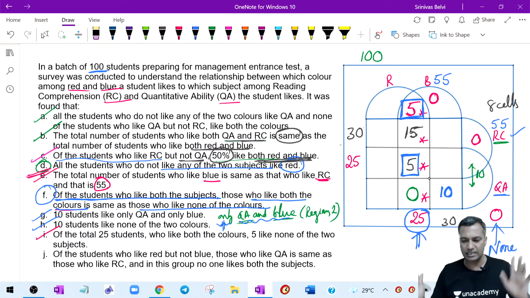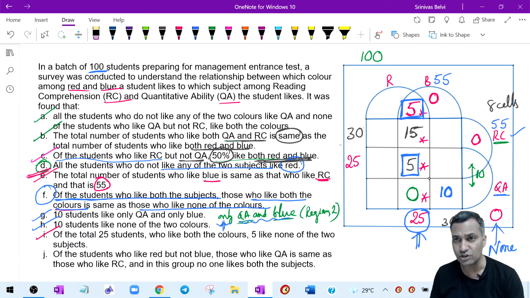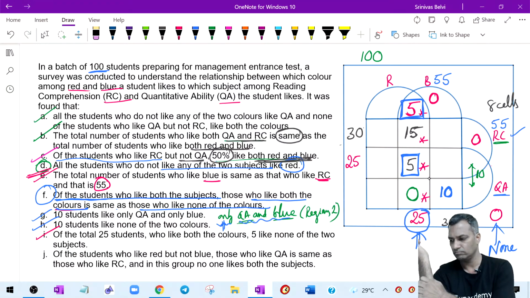Are you clear about this statement, friends? Is the statement F clear to everyone? Okay, Keval, it may be redundant.